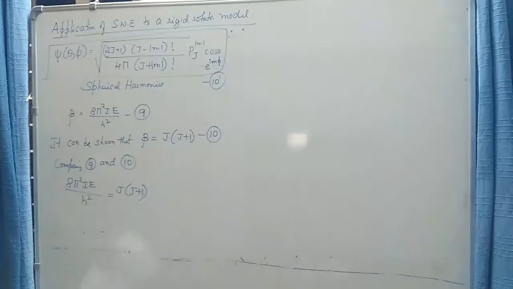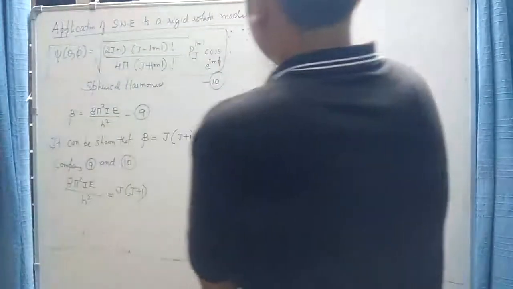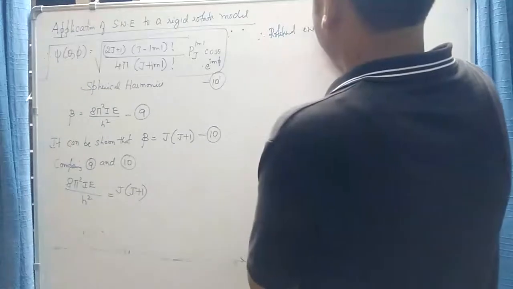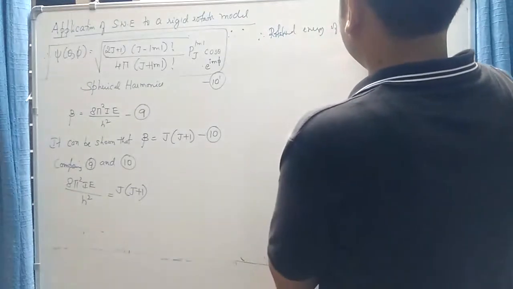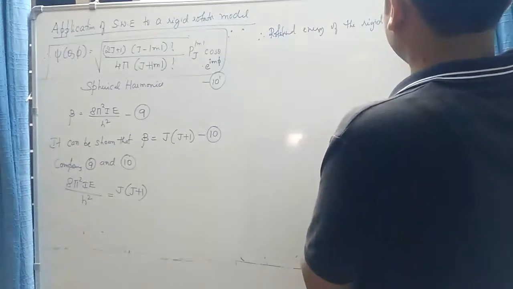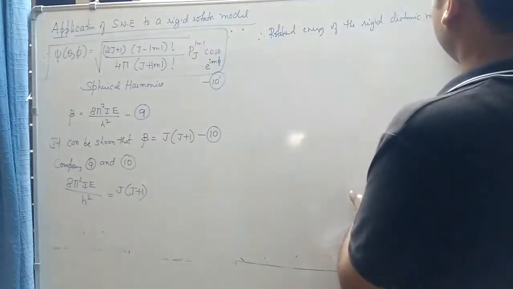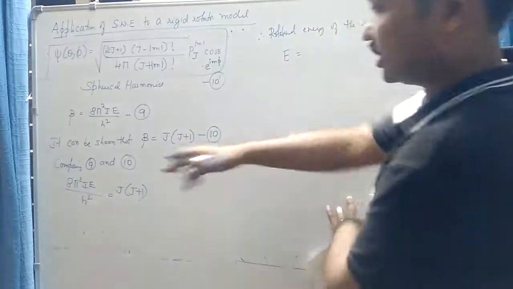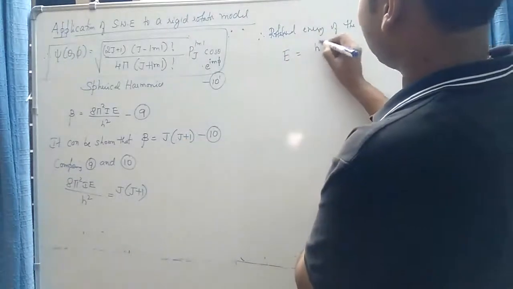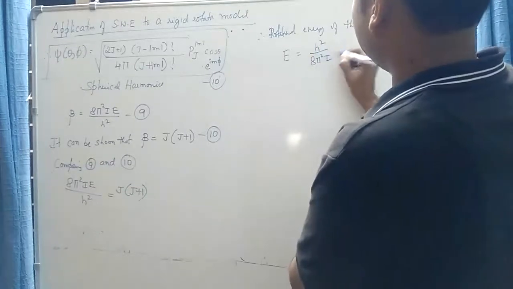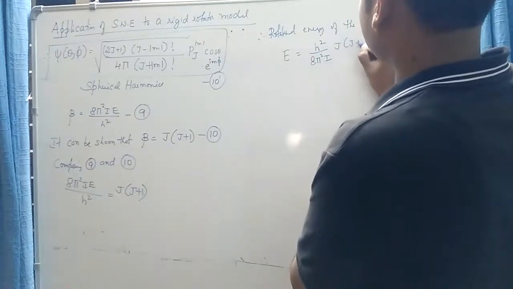So the rotational energy of the rigid diatomic molecule is E is equal to, if I rearrange it, h square divided by 8 pi square into I into j into (j plus 1).